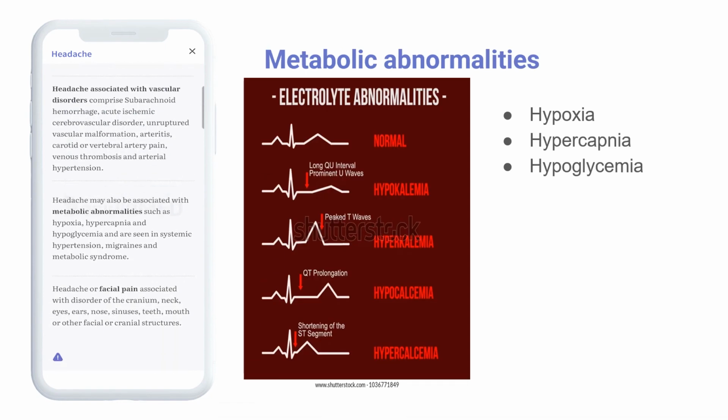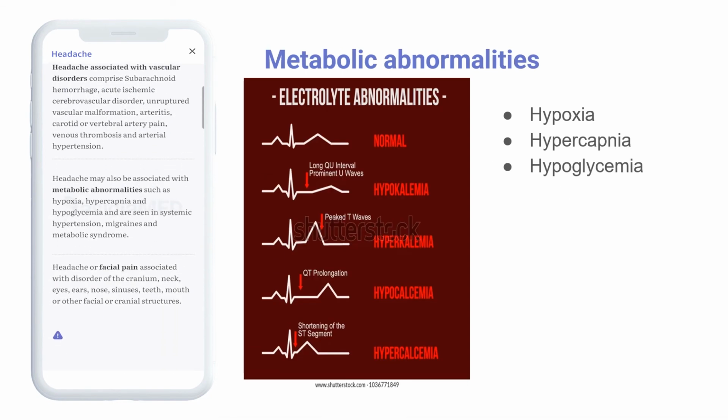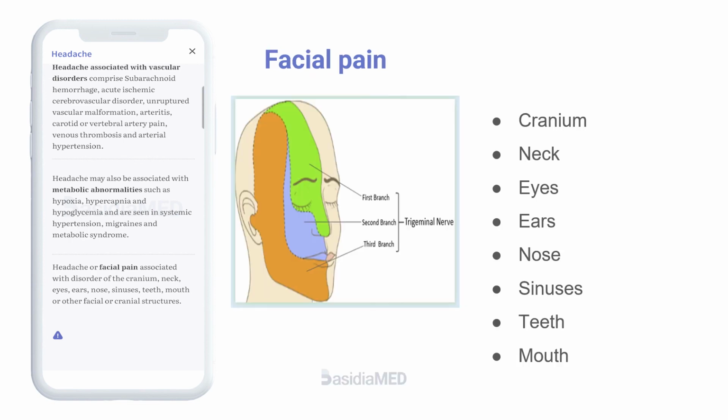Headache may also be associated with metabolic abnormalities, such as hypoxia, hypercapnia, and hypoglycemia, and is seen in systemic hypertension, migraines, and metabolic syndrome. Headache or facial pain associated with disorder of the cranium, neck, eyes, ears, nose, sinuses, teeth, mouth, or other facial or cranial structures.